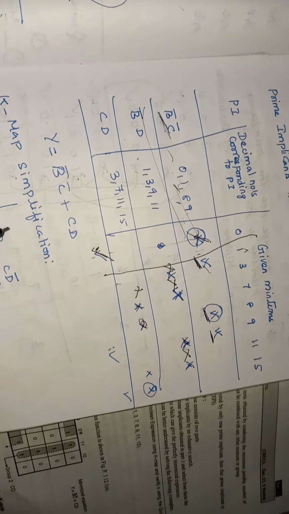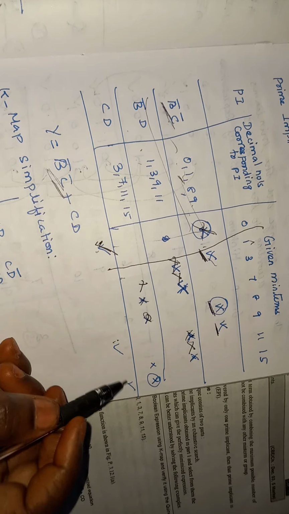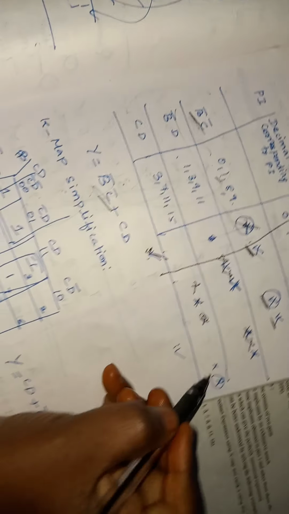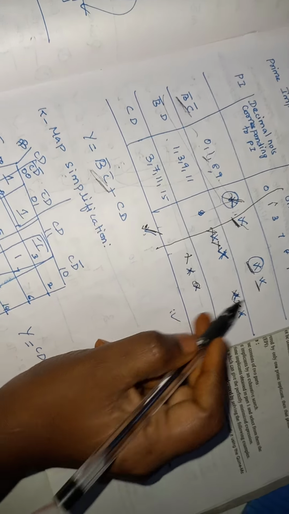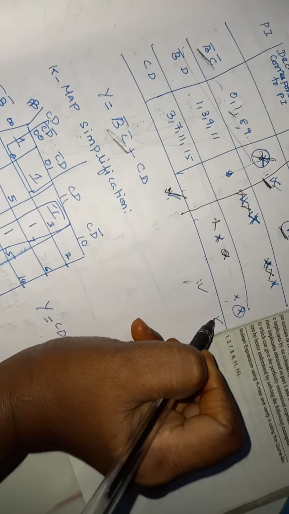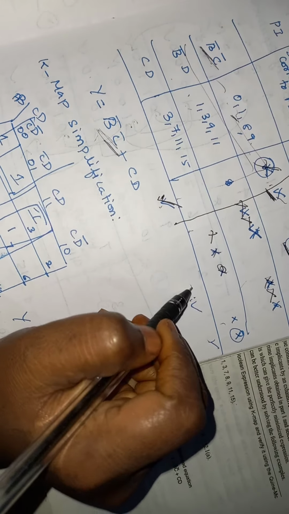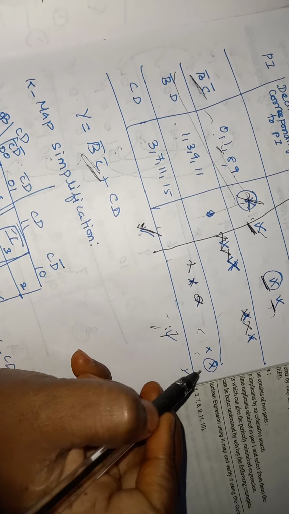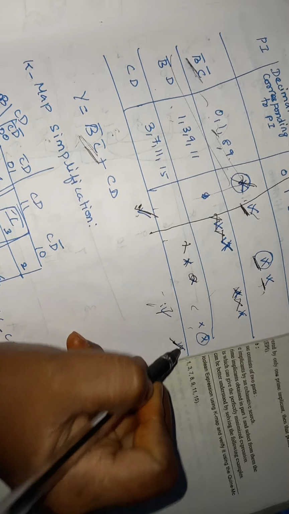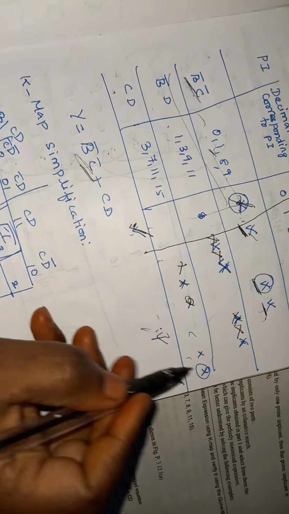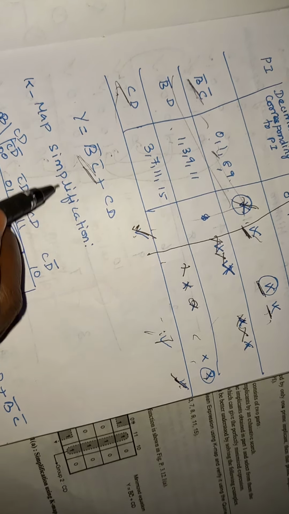So this corresponds to B bar, C bar, right? 15, there is a double cross here. So this is a double cross, only one cross is 15. So based on that you have to write the equation. 15 corresponds to CD. So this is your answer.